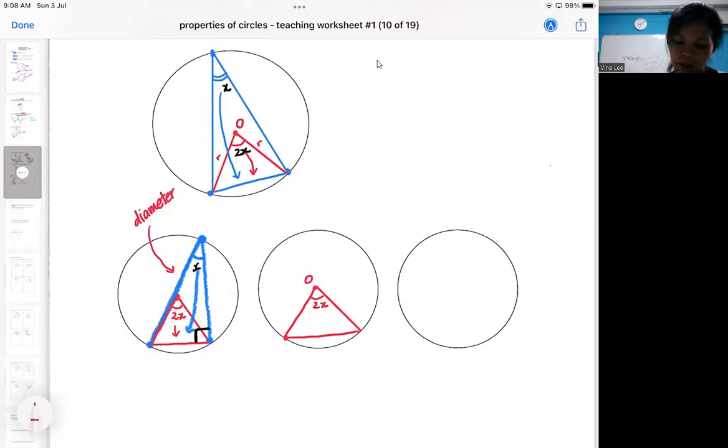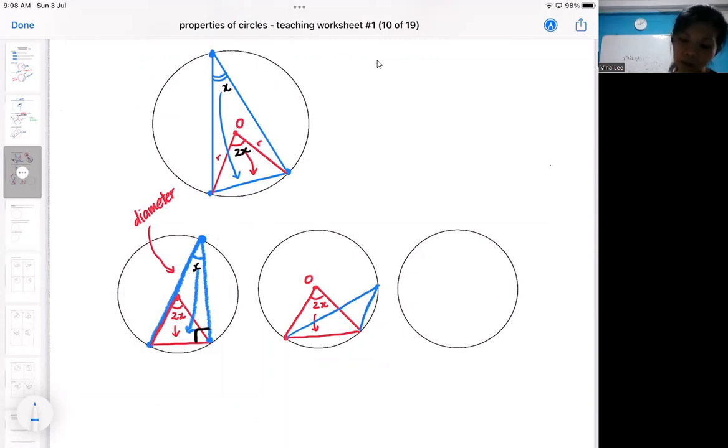So the one at the center very much couldn't move. The angle at the center facing the chord is rather fixed because there's only one center. But around the circumference, there are so many points. So that's why this is the tricky part. So sometimes it can be so slanted to the side that you will be misled that they are the same.